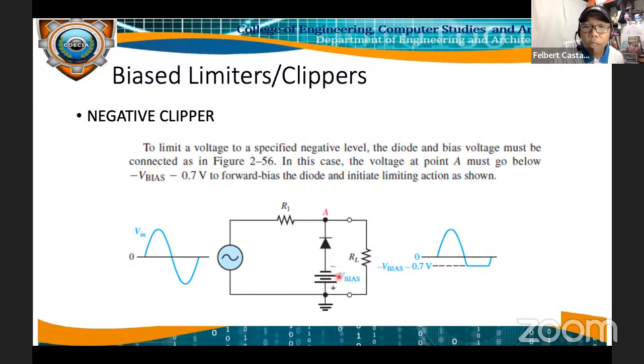So negative 2 volts plus negative 0.7. So this is the level of your output na makikita mo sa oscilloscope mo. So, negative V bias minus 0.7. Negative limiter or negative clipper siya kasi the negative half cycle of the waveform is being limited or clipped.